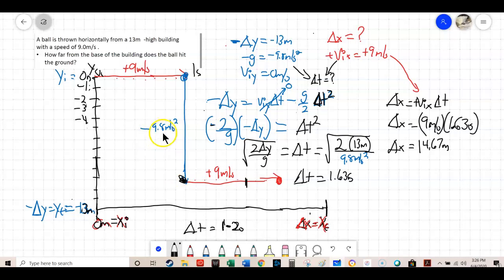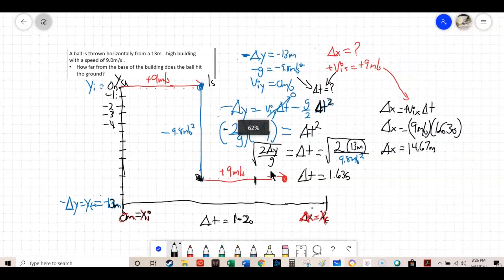It's going to have fallen down negative 9.8 meters down over that next second. So that kind of helps us gauge what is happening and see its displacement from those vectors. Okay.